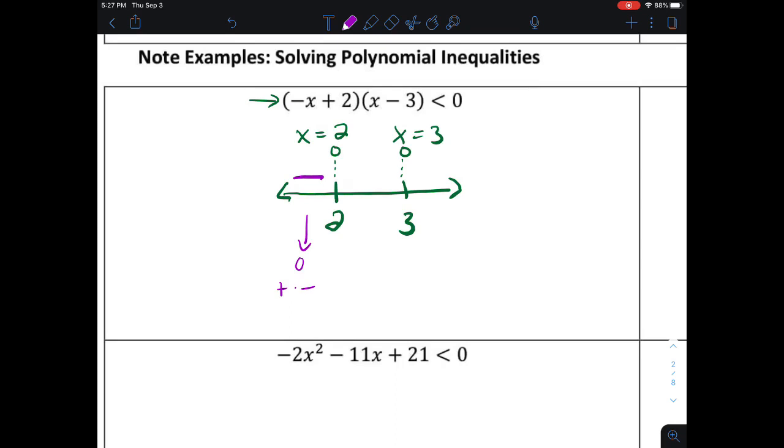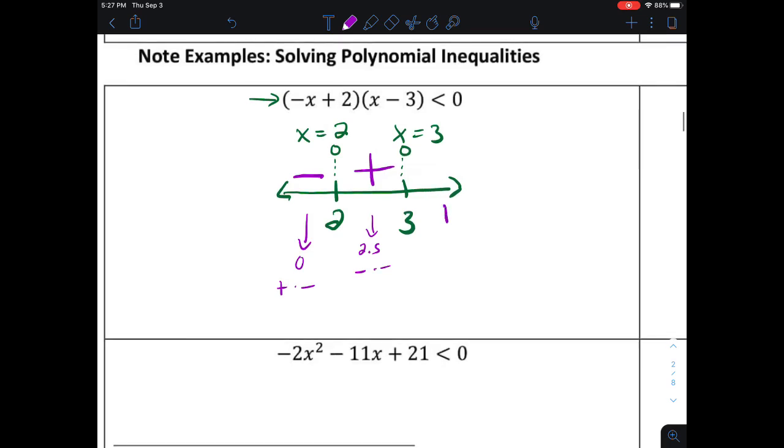Now let's pick out a number in between 2 and 3. Let's think like 2.5. If I put 2.5 in for x, negative 2.5 plus 2, negative, times 2.5 minus 3, negative. Two negatives multiplying together make a positive.